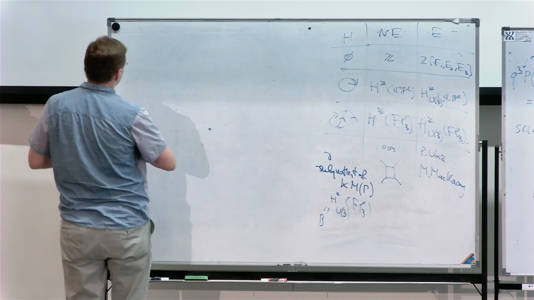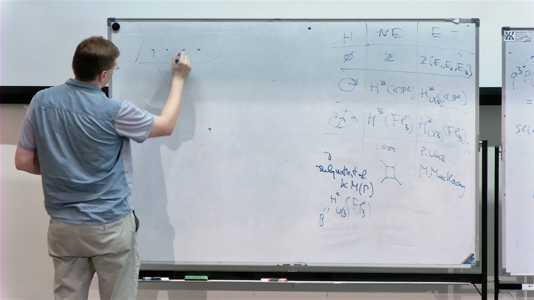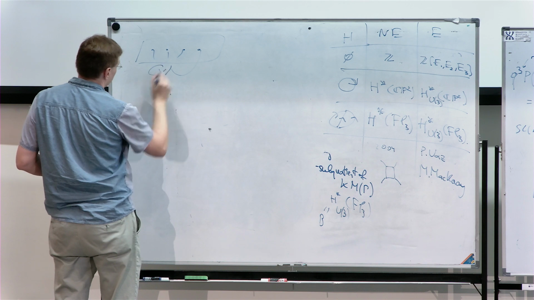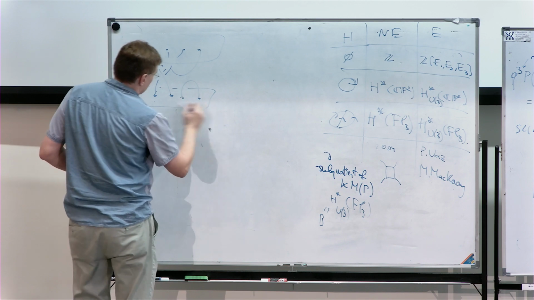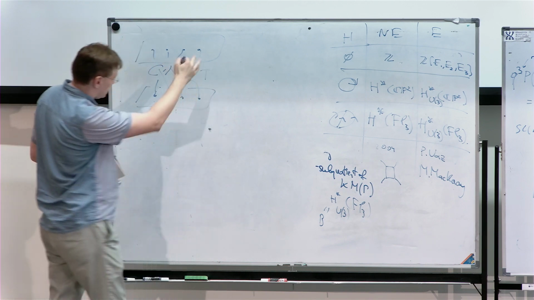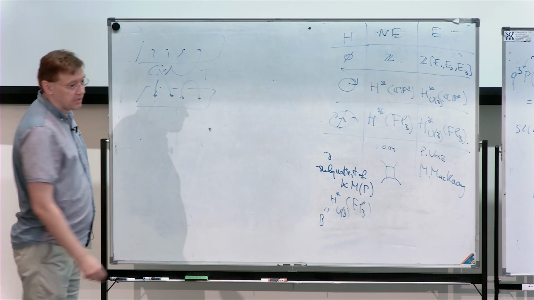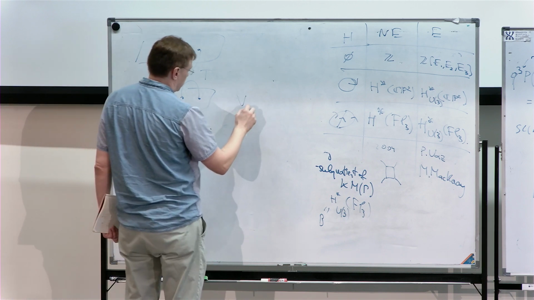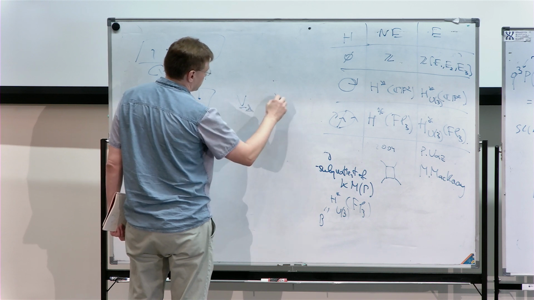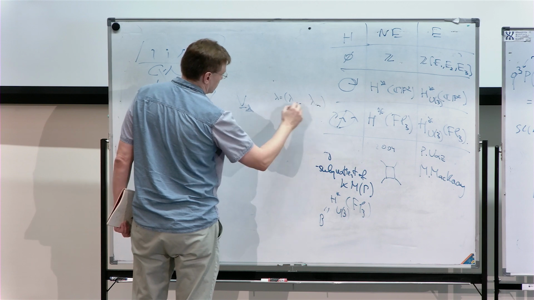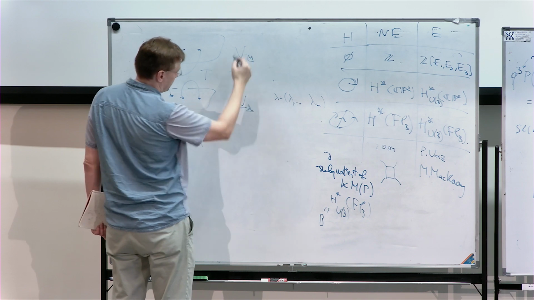So on the categorical side, in the decategorified case, in the original quantum case, you have a tangle. It goes from some number of points on the bottom half plane, tangle T, to some number of points on the top half plane. So you color your components by representations of a quantum group. And the invariant of a tangle is a map from the tensor product V lambda underlined, where lambda is a sequence of weights lambda 1 through lambda n, to V mu underlined, where mu is a sequence of weights.